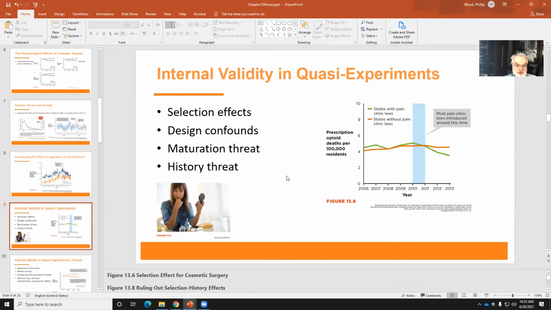Quasi-experiments gathered over time are also subject to maturation, that maybe people are learning, maybe people are aging out of problem behaviors. Well, one big issue in my area in studying you folks is that people will often say, oh, well, after you leave college, a lot of problem behaviors just go away.